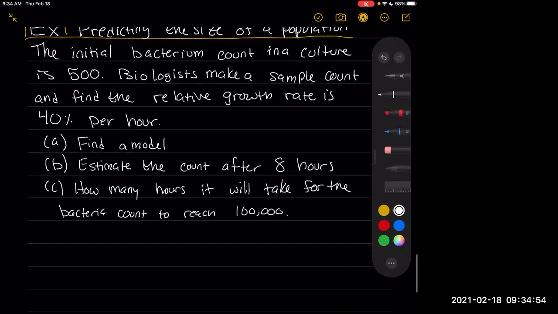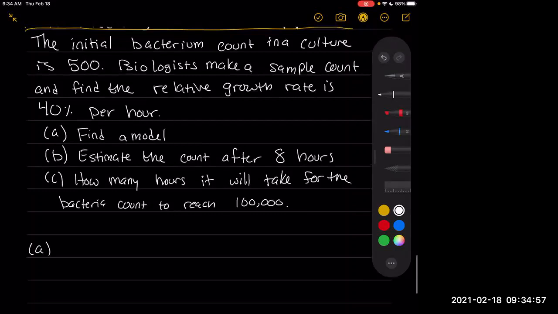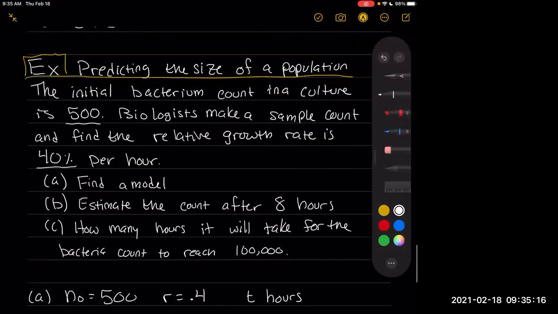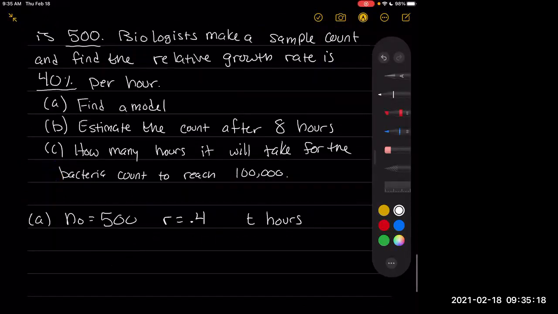So first, in part A, we need to create our model. We can note that our N naught is 500. Our R is 0.4 since it's 40%, and t is measured in hours. So putting this all together with this formula up here, we will get N of t equals 500 e to the 0.4t.